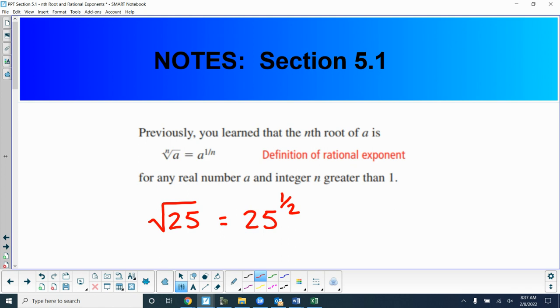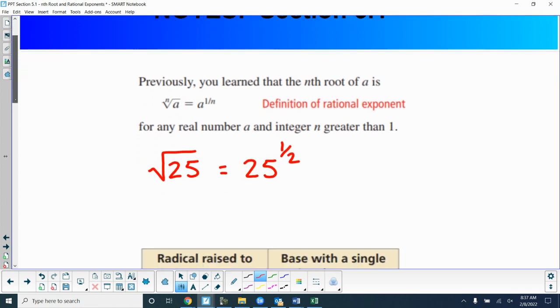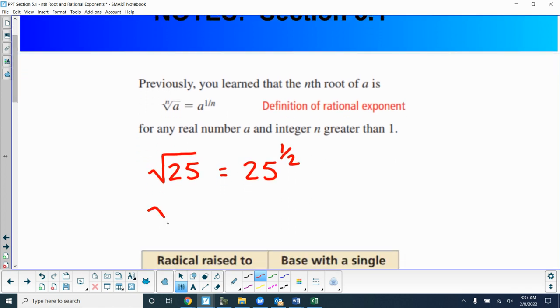All right? If I have a cube root, that's 8 to what power? 1/3. Yeah.